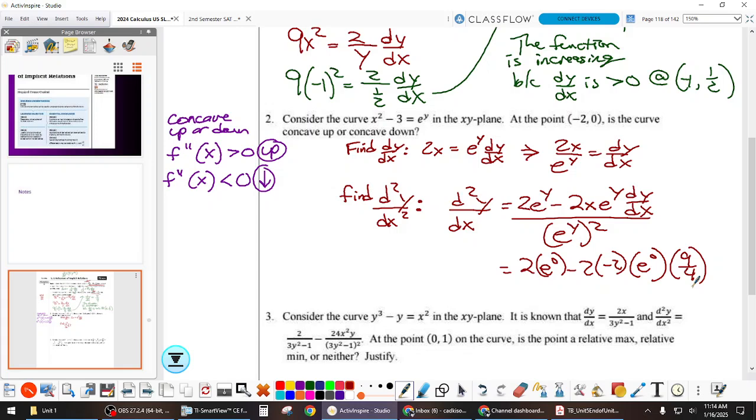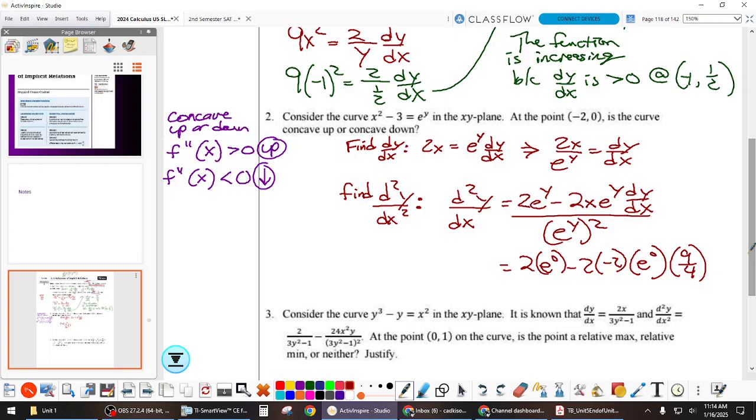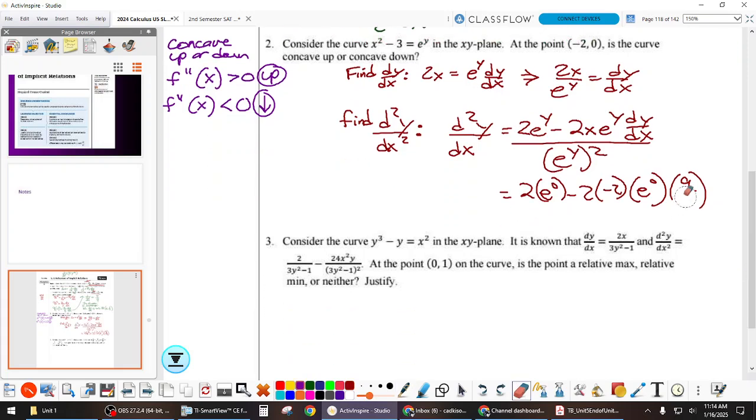No, that's from the last problem. Never mind. I'm just going to stick it in here. 2 times -2 over, where is that? There it is, over e to the 0.